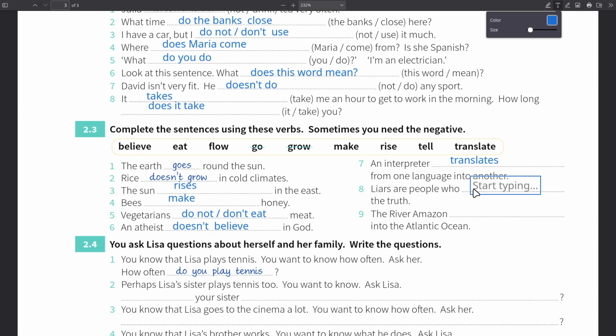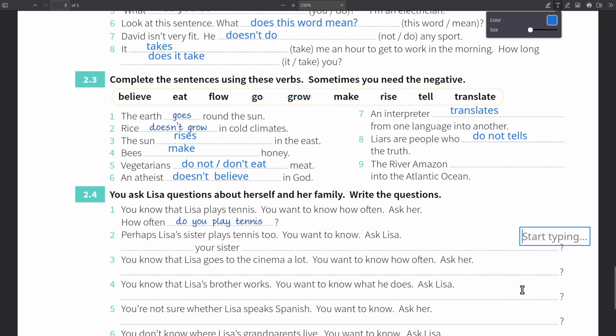Liars are people who do not tell the truth. This is a plural because if you see in the sentence it's liars are, right? That was a simple one, easy peasy.